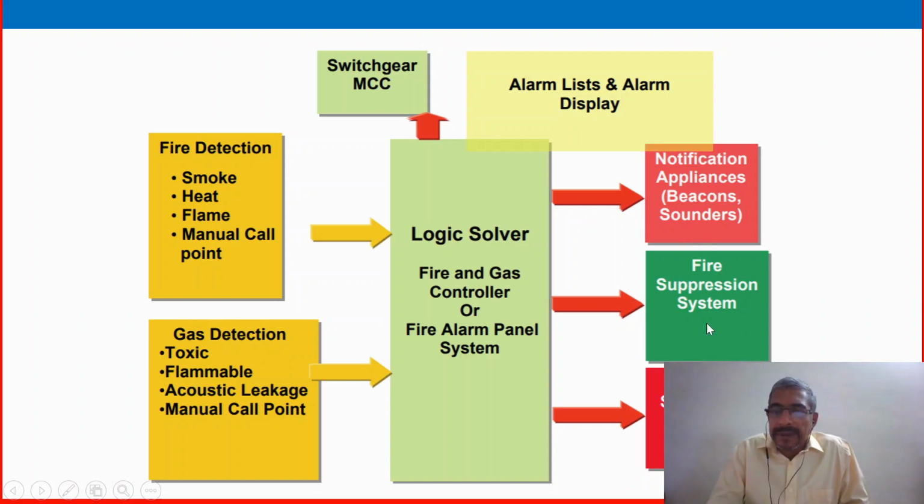Then the fire suppression system is connected directly and automatically to the firefighting system, and another connection is to the safety shutdown system. This gives an overall, simplified view of how a fire and gas detection system works. There is slight variation according to the logic of various companies, but in general this is how the fire and gas system works.